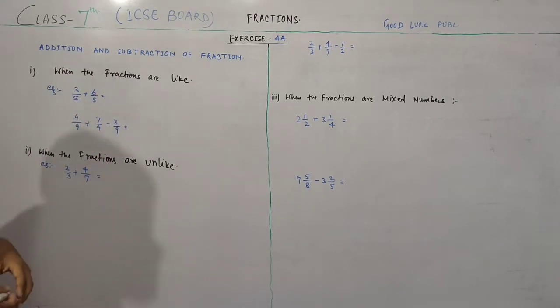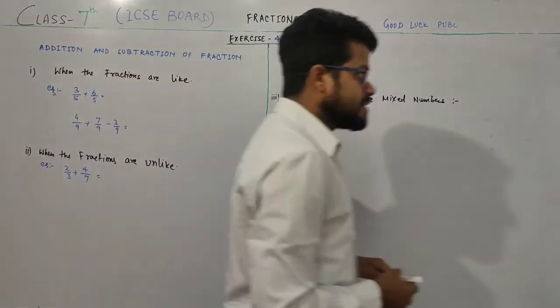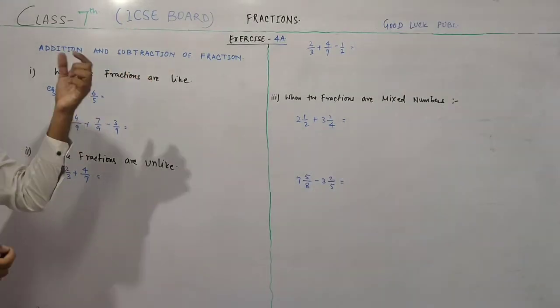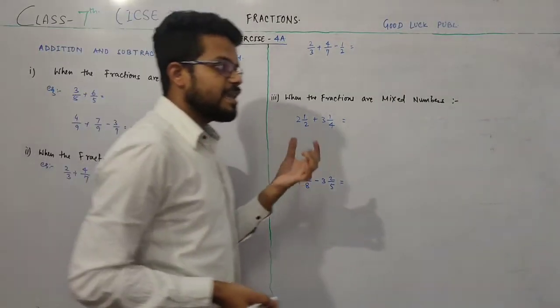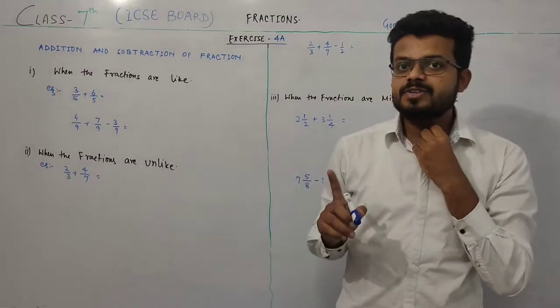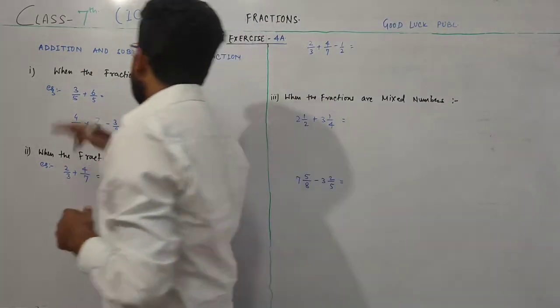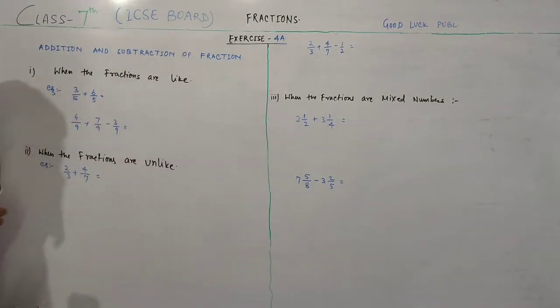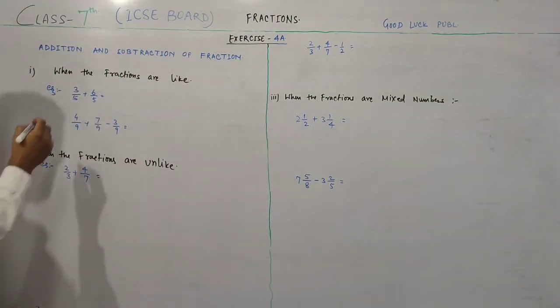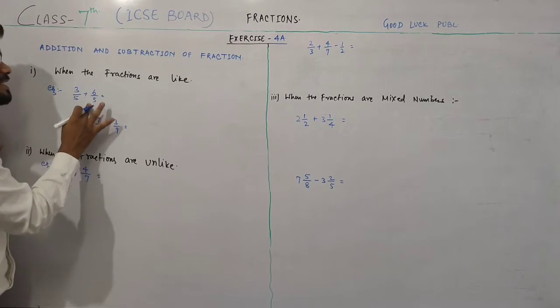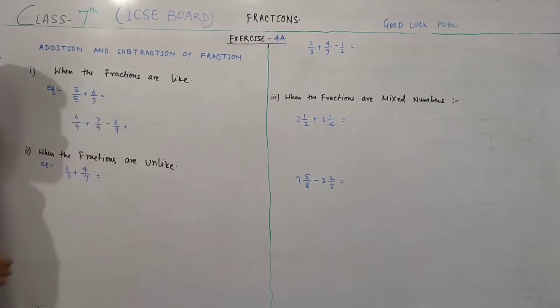When the fractions are like fractions, meaning fractions whose denominators are the same, how do we add or subtract them? So this is 3 by 5 and 6 by 5. Here both denominators are the same.